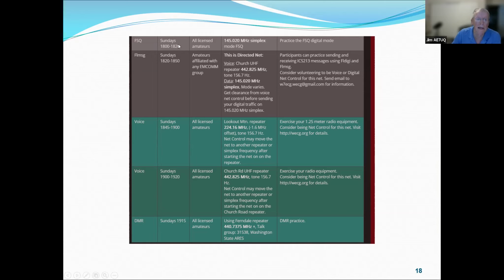So under normal conditions, you can spend from 6 o'clock to 7:30 participating in all the various nets to keep up your digital skills, to practice. If you don't have 220 on your radio, well, you can't participate in all of them. And again, if you've just got a DMR radio, some practice using that. So you'll find something like this on most all club websites.